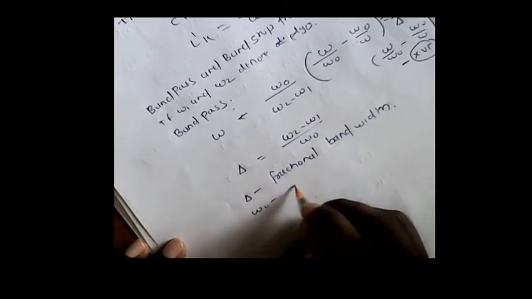Where delta is equal to omega 2 minus omega 1 divided by omega 0, where delta is the fractional bandwidth and omega 0 is the center frequency, which is defined as the arithmetic mean of the two pass band edge frequencies, omega 1 and omega 2. This is equation number 17.